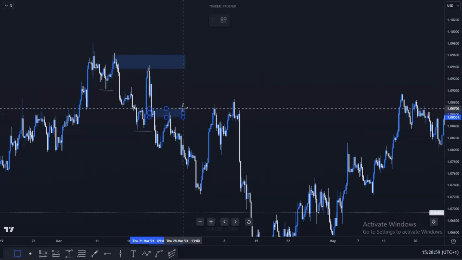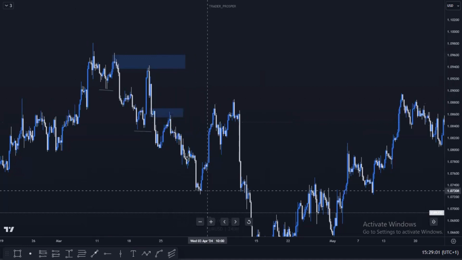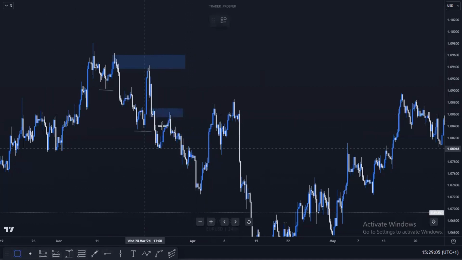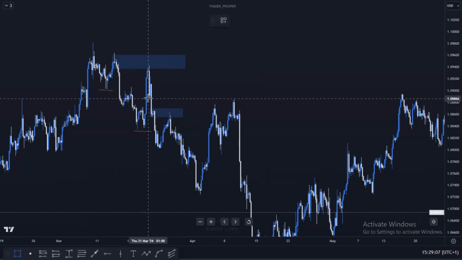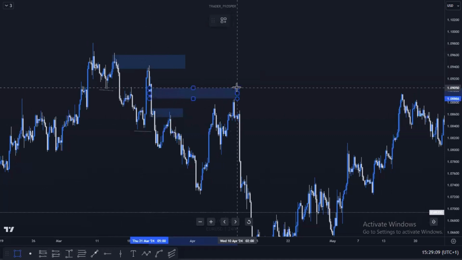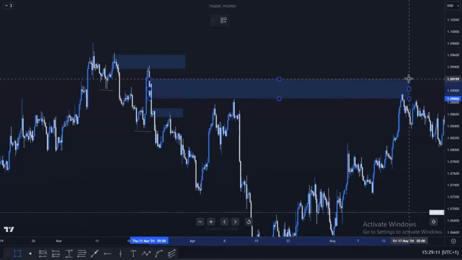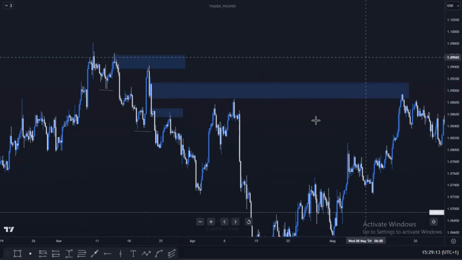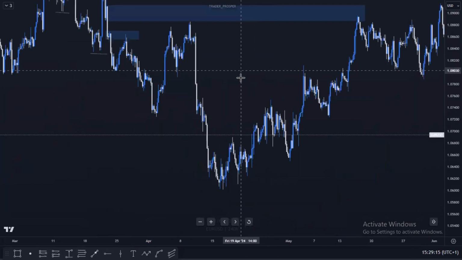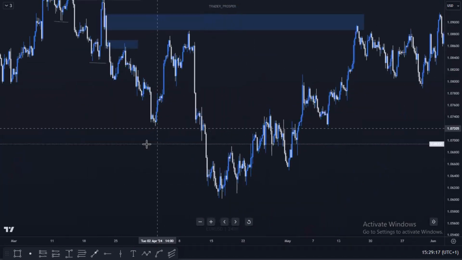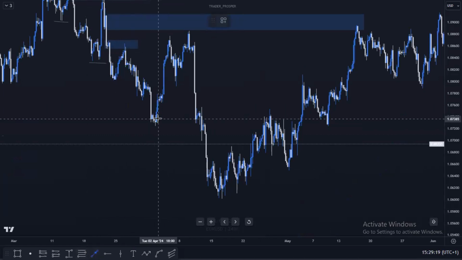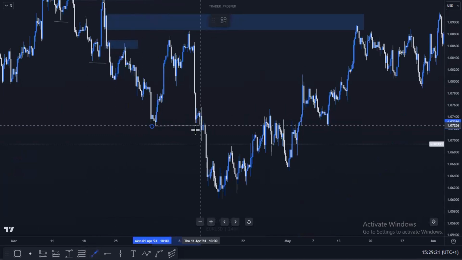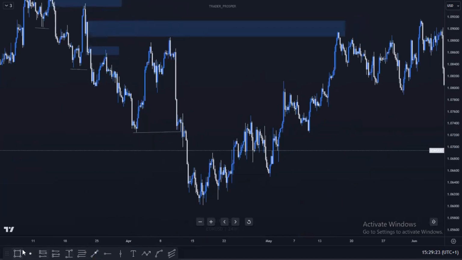Price actually used it to push back down, and another one was resting here. Another one was here. When price went below that previous lower low, another supply zone was resting here.